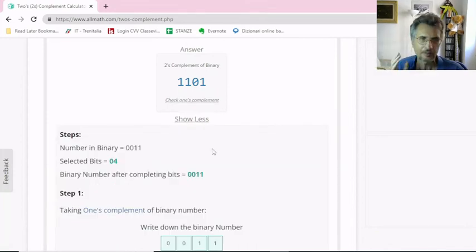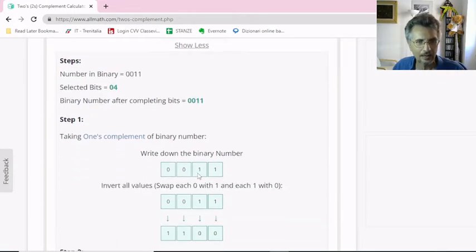The method is this one. I know it sounds crazy, but it is not crazy. Trust me. I take the positive number 0011. First thing, I have to invert all values. Swap each 0 with 1 and vice versa. So 0011 becomes 1100.